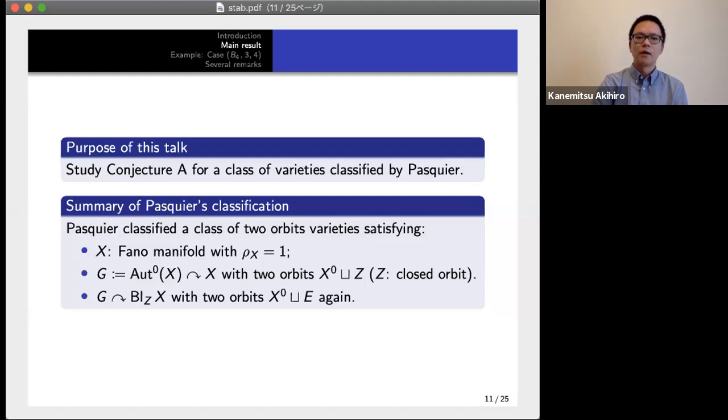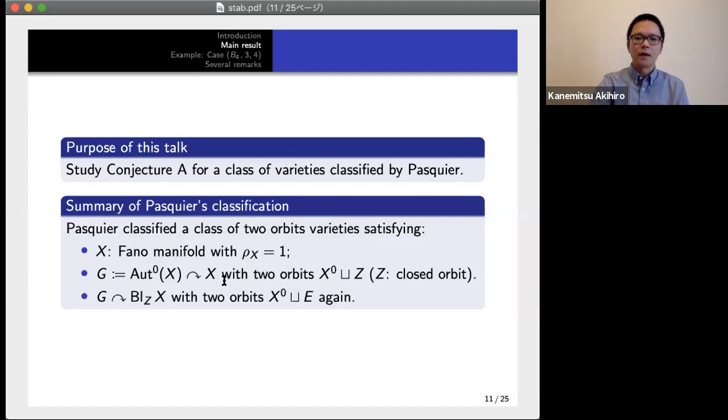More precisely, he classified Fano varieties with these conditions. Here, X is a smooth Fano variety with Picard rank 1. And we assume that the identity component of the automorphism group, which I will denote by G, acts on X with two orbits. I will denote by X_0 the open orbit and by Z the closed orbit.